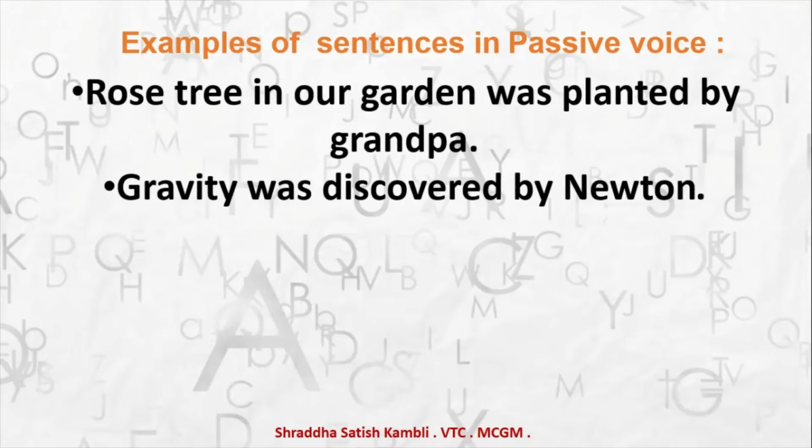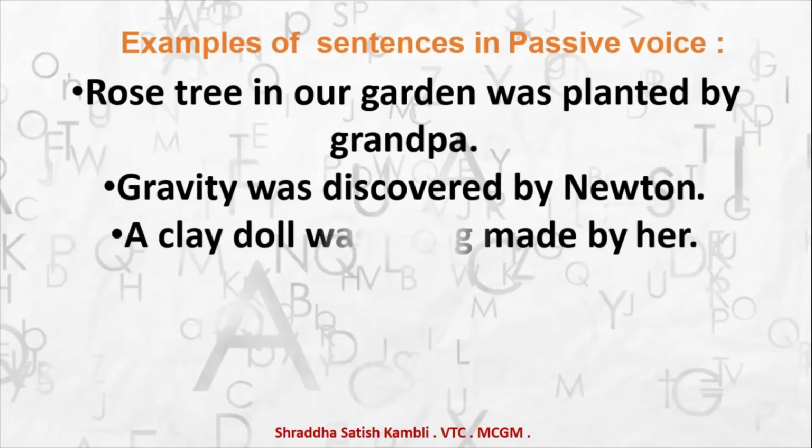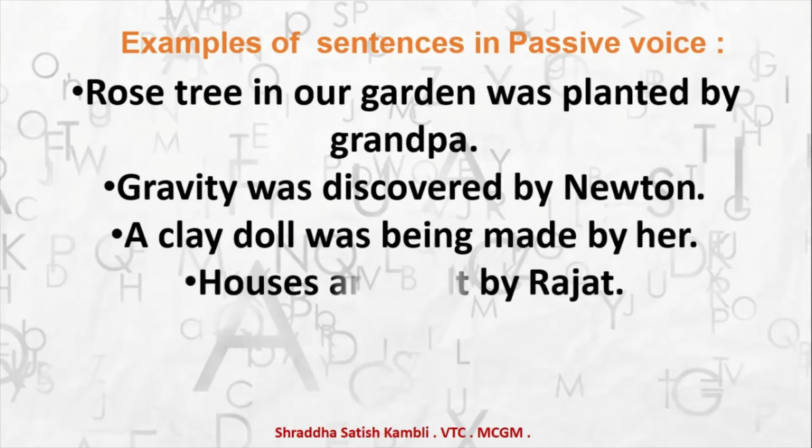Next, gravity was discovered by Newton. We are not saying Newton discovered gravity. We are saying gravity was discovered by Newton. A clay doll was being made by her. Instead of saying she was making the clay doll, we are saying a clay doll was being made by her. So the object comes first and the subject goes behind.